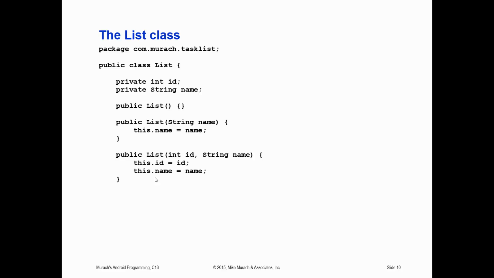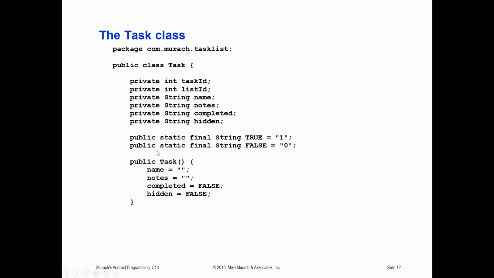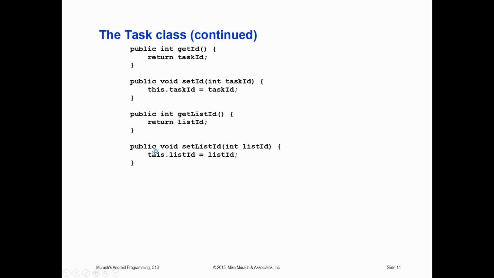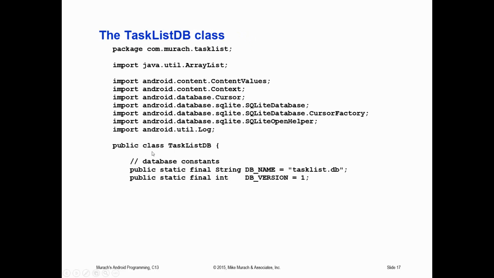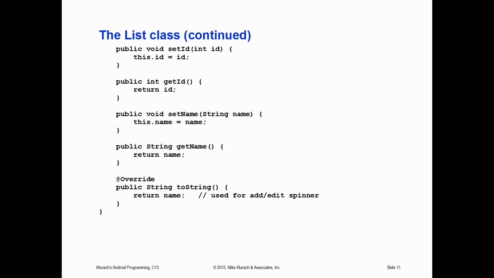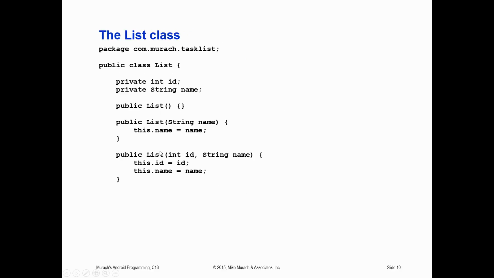What you're seeing on the screen are the business objects for the task list app. These business objects are classes mapped to the tables of the database. For example, a row in a list table can be stored in a list object. A row from the task table can be stored in a task object.